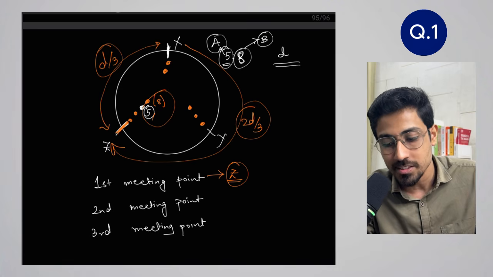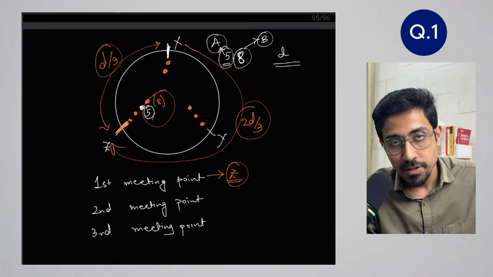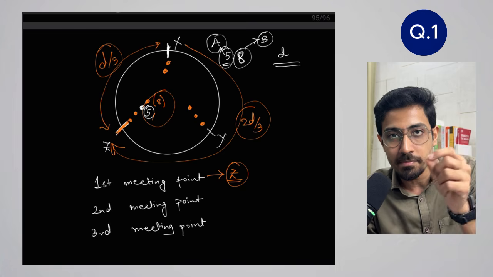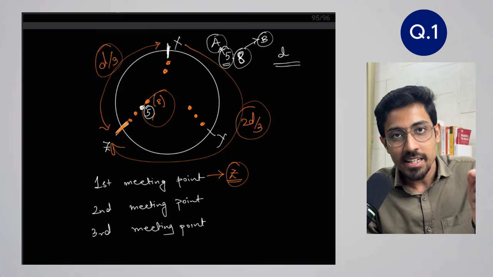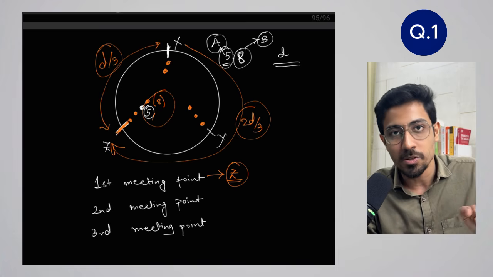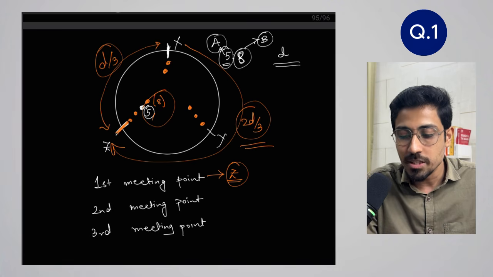But if I specifically include the direction, or measure the distance in the clockwise direction, the same direction in which they are running, then I have to write it as 2d by 3.